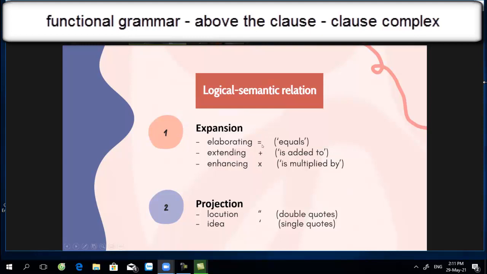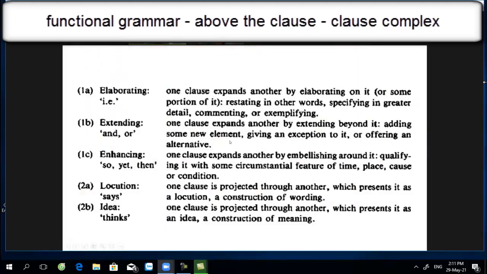For elaborating, as you can see in this one, one clause expands another by elaborating on it, restating, specifying, commenting, or exemplifying. For expanding, you can see something that is adding some new element, giving an exception, or offering an alternative.